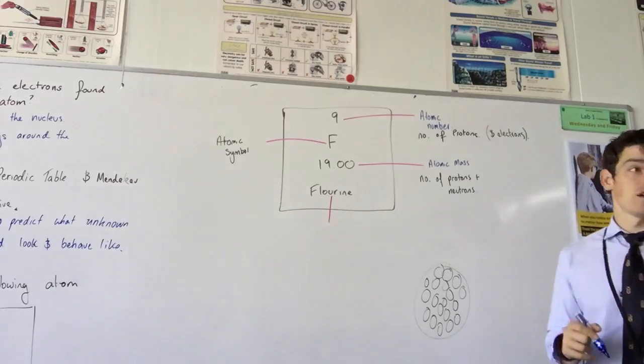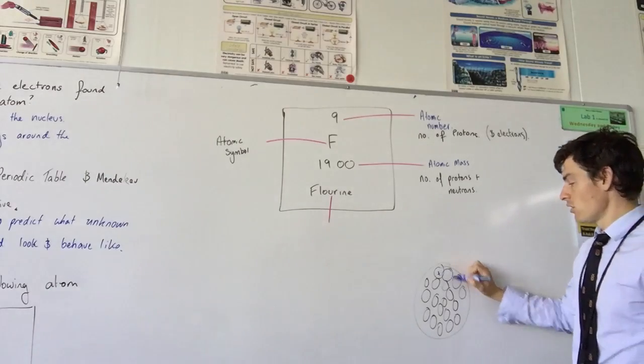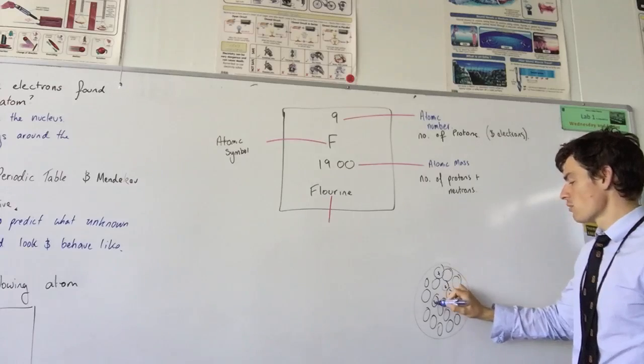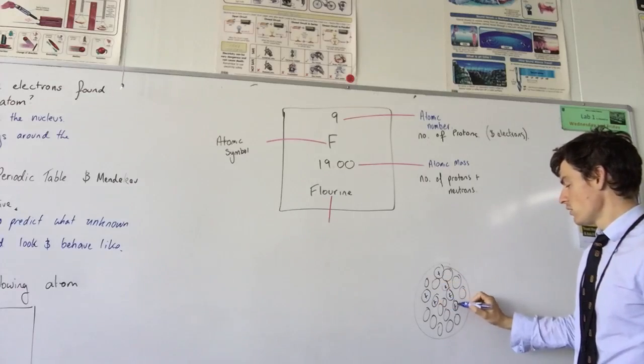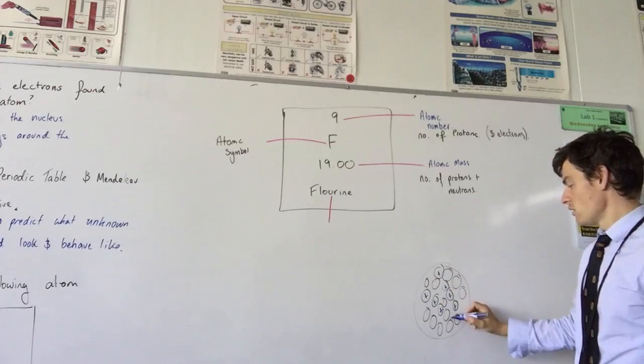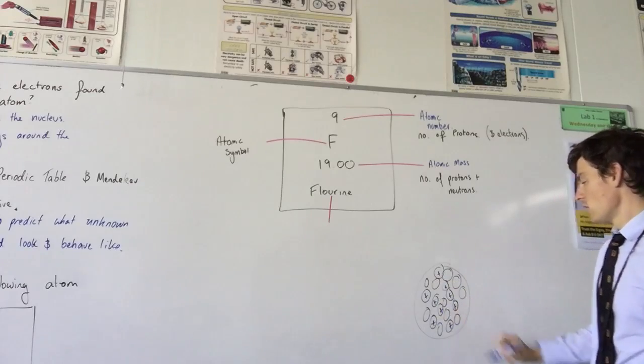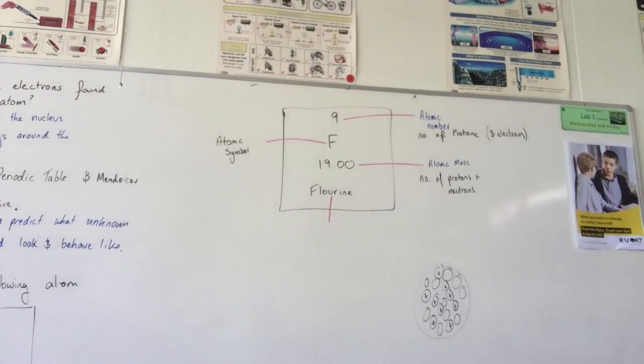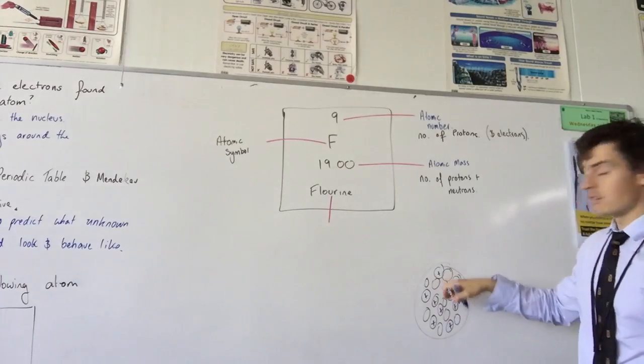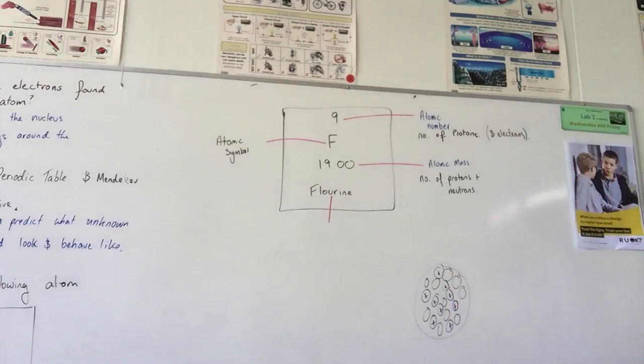So how many pluses do I need to put in? 9. I try not to put them too close to each other, but I'm not too worried. 6, 7, 8, 9. Then 2, 4, 6, 8. 10 rings left over. Does that sound right? Should be 10.